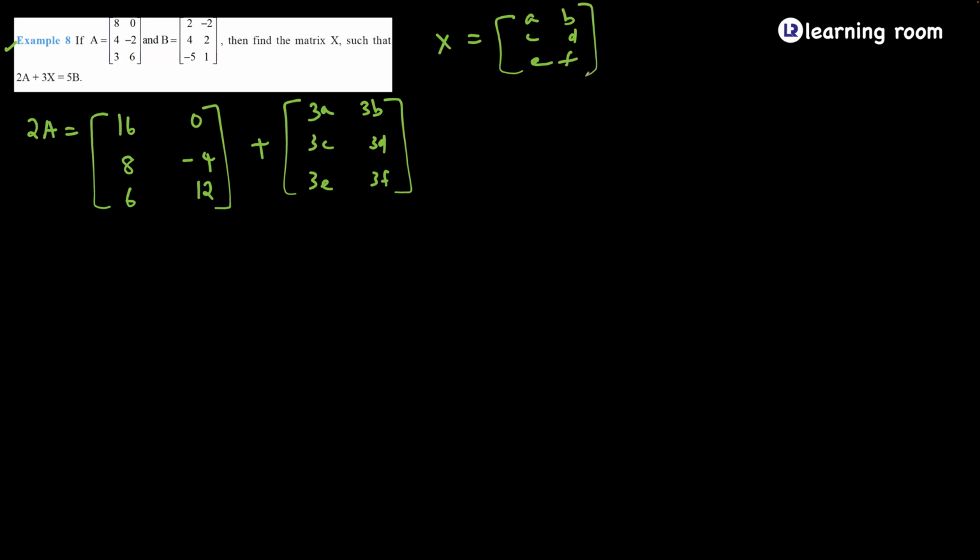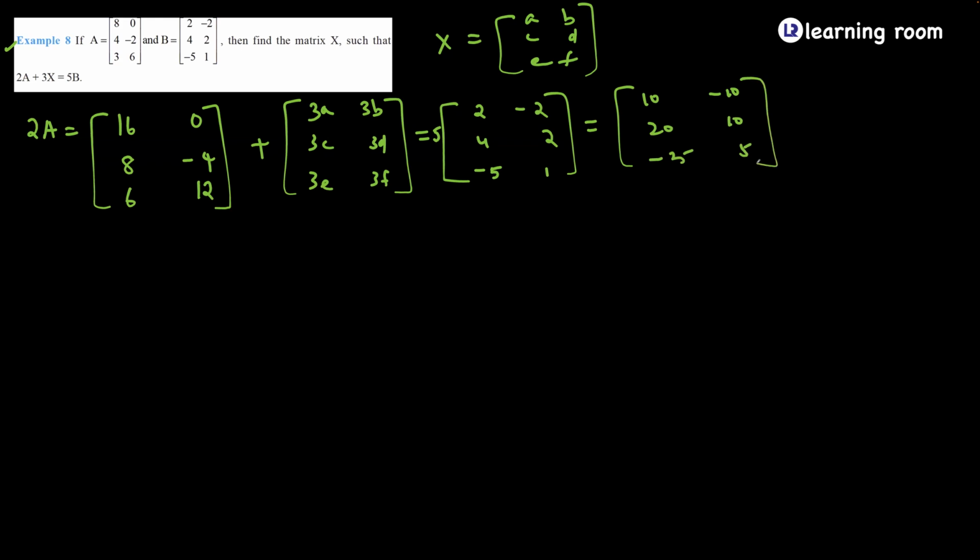So this should be equal to B, that is 2, minus 2, 4, 2, minus 5, 1. Now what should happen? 2A plus 3X is equal to, oh, it is 5B here. So 5 into this, the answer will be 10, minus 10, 20, 10, minus 25, 5.